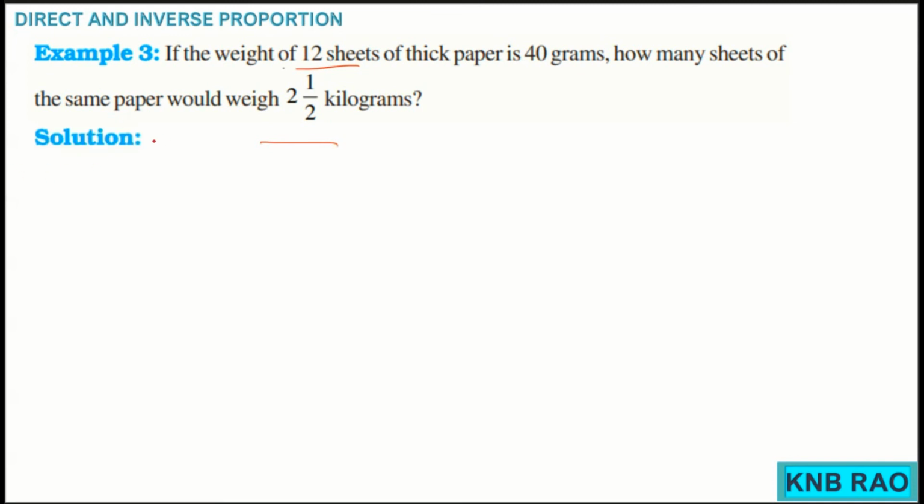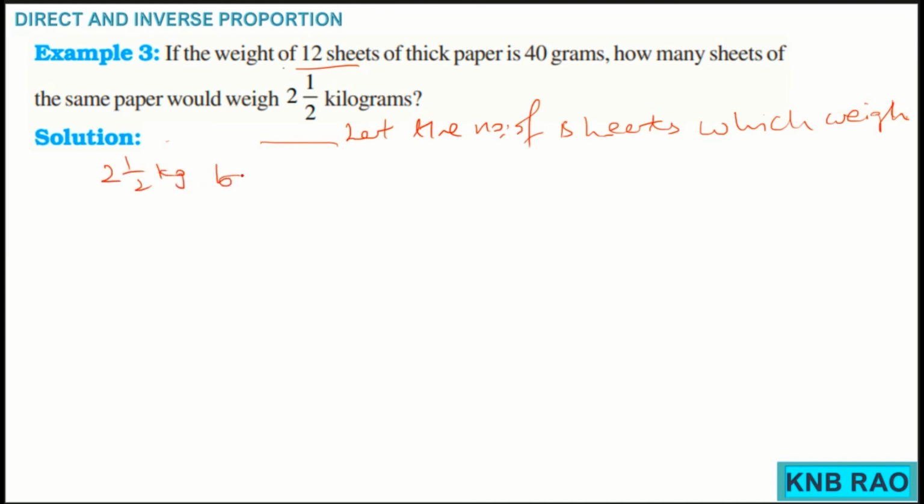In this solution, let the number of sheets which weigh 2.5 kg be x. Here 12 sheets are weighing 40 grams.